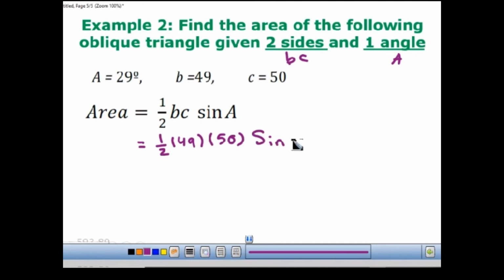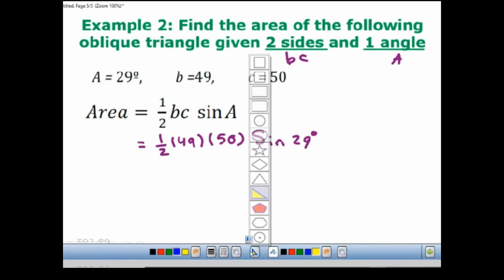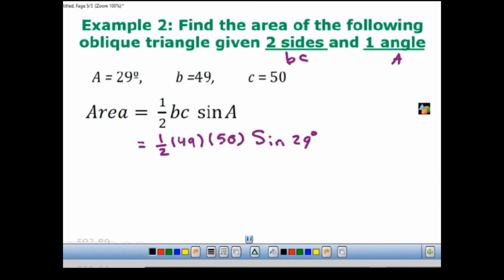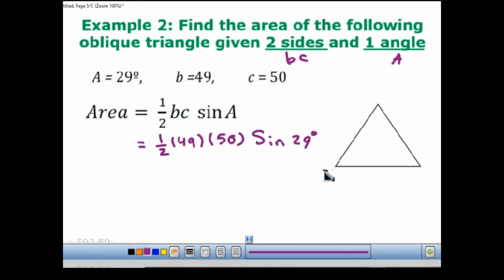I'm a big fan of actually drawing things. It makes sense when you draw things. It doesn't have to be accurate, it's just a little thing for you to picture. So for example, this is A, B, C. I am given side b, which is this one here, 49.